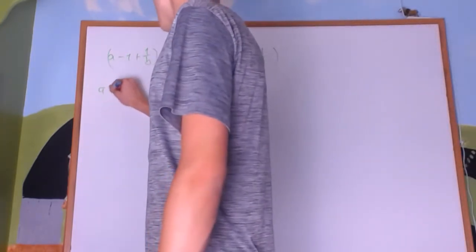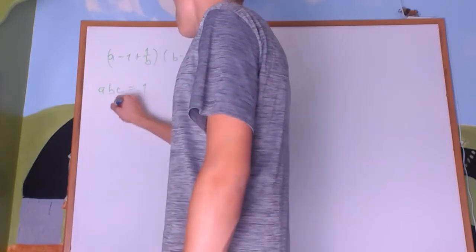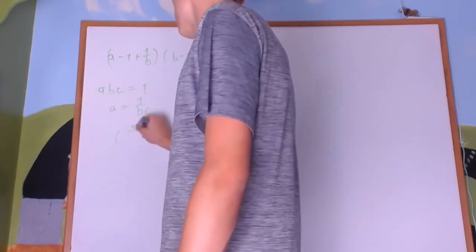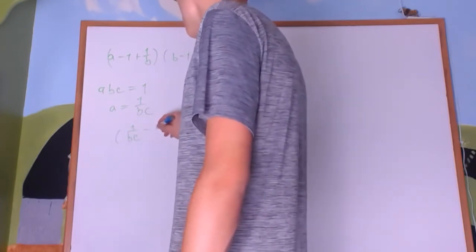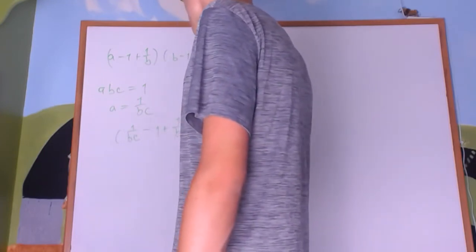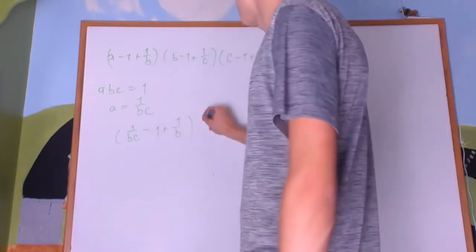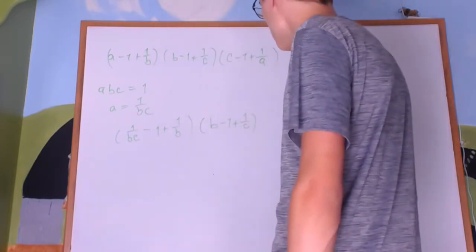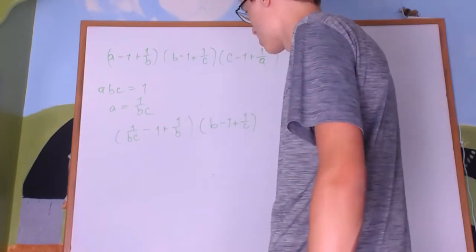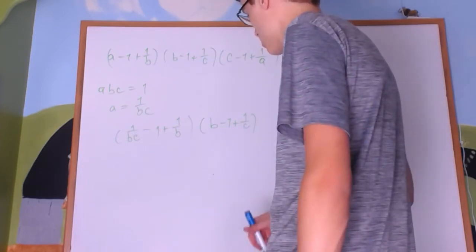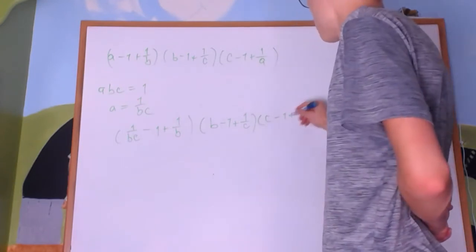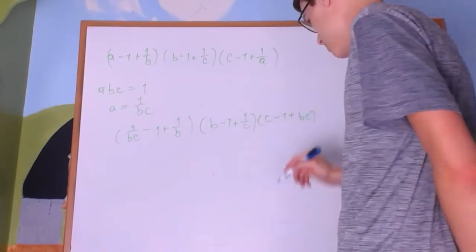Okay, ABC is equal to 1. So A is 1 over BC. So I have 1 over BC minus 1 plus 1 over B, times B minus 1 plus 1 over C, times C minus 1 plus BC.